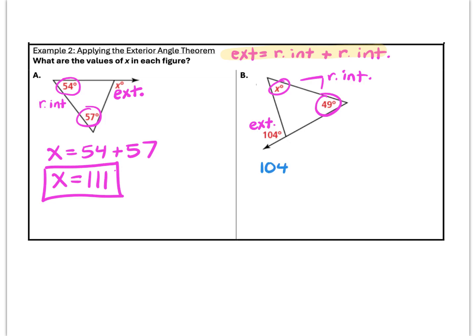So 104, that's my exterior, has to equal the remote interior angle 1 plus the remote interior angle 2. So 104 has to equal x plus 49. We can subtract 49 on each side, and that's 55. So x equals 55.